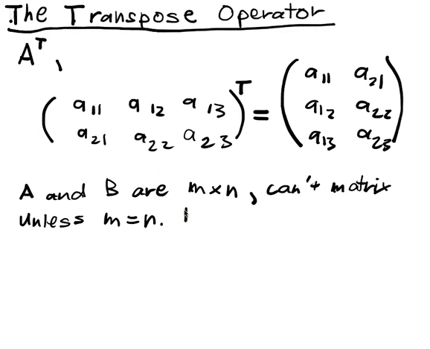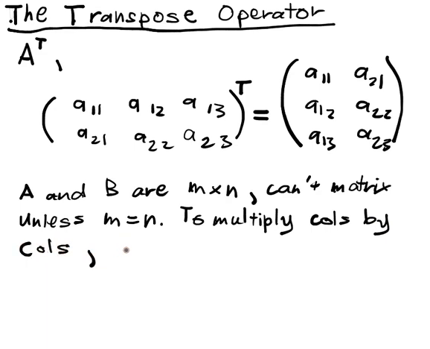So we want to multiply columns of A times columns of B. In order to do that, we have to use the transpose: A transpose B. And that's going to give me a new array, right? How many dimensions?